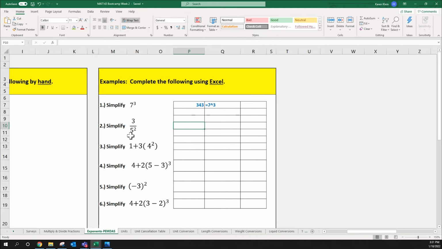All right, let's simplify this fraction, 3 over 5 squared. Because I have multiple things, when you're using fractions, always use parentheses around the numerator and parentheses around the denominator. My denominator here is going to be 5 squared.